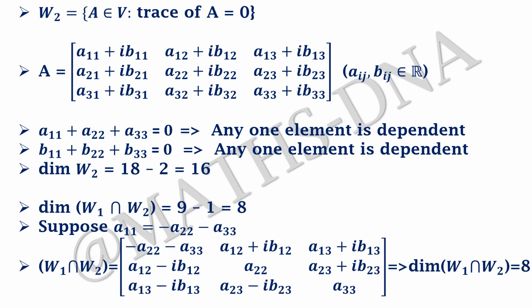Then from here we get W1 intersection W2, a matrix where the entries are minus A22 minus A33, and again A22 and A33 on the diagonal, and the above-diagonal entries are the same, and here the dimension of W1 intersection W2 will be 8. So we found all the required terms.